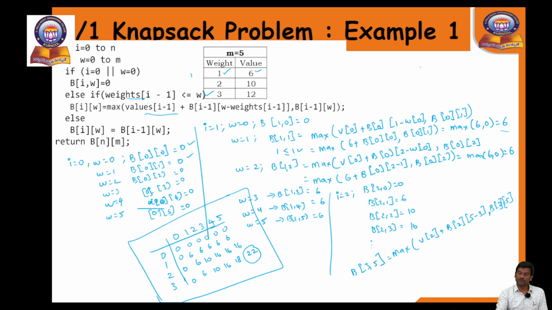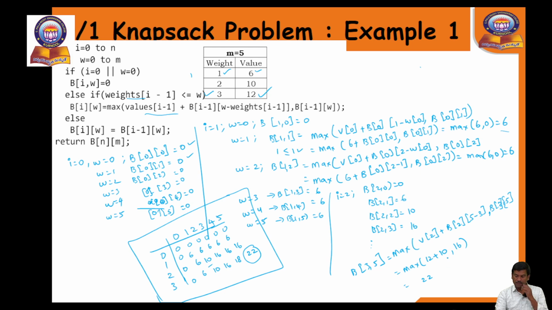So if you substitute the values, maximum of V of 2, which is equal to 12, so 12 plus 10, after you find B of 2 2, which is equal to 10, comma, and what is the remaining value? That is B of 2 comma 5, which is 16. So what is the maximum value? That will be equal to 22.